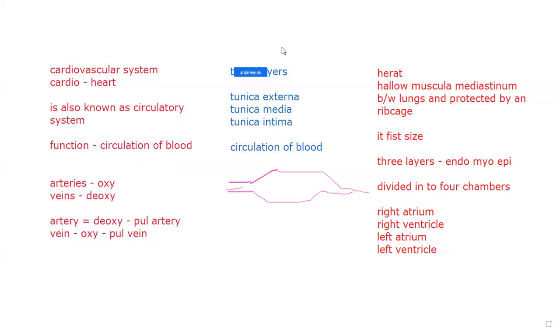So I am just clearing this. After that, I can draw a diagram here.